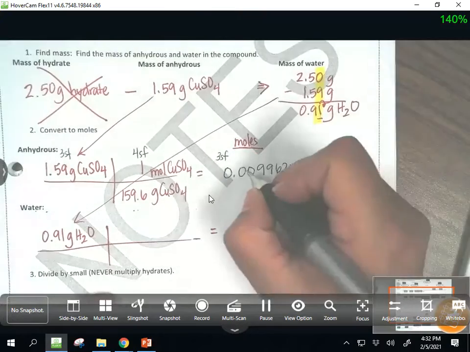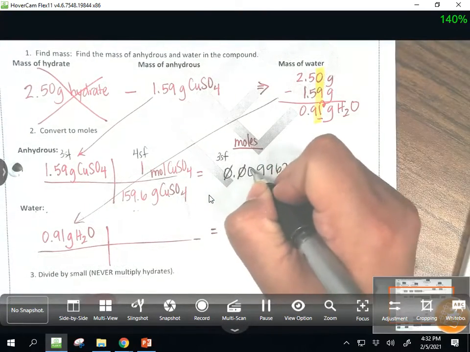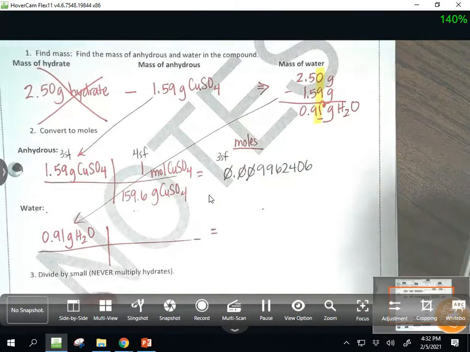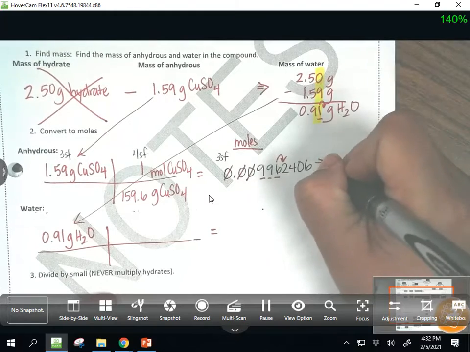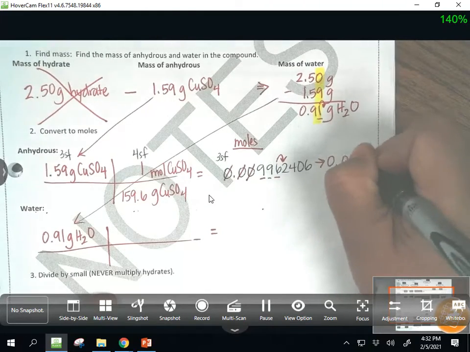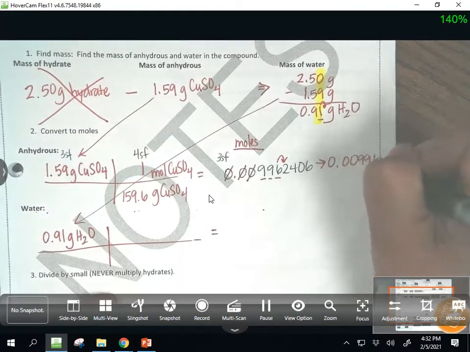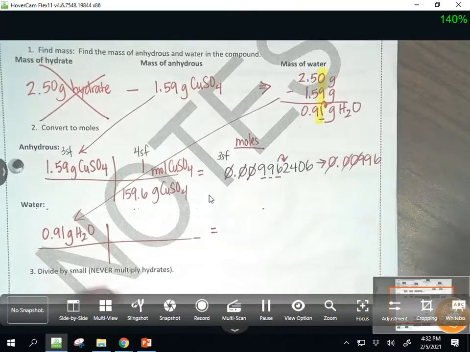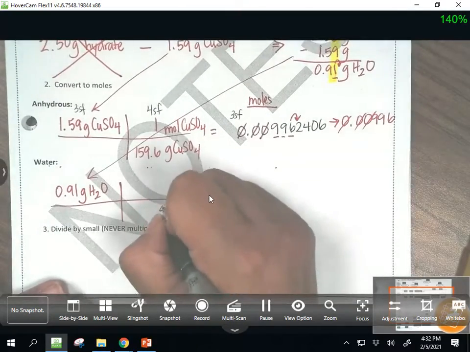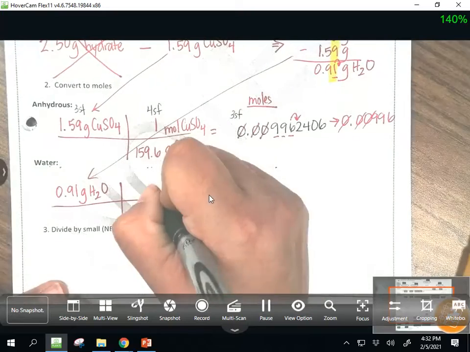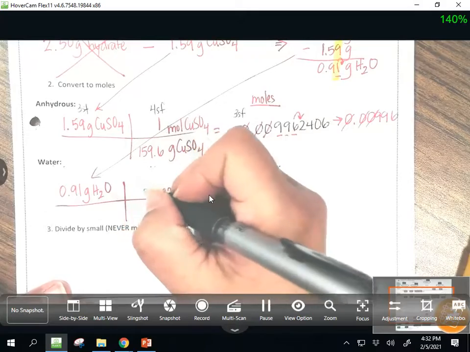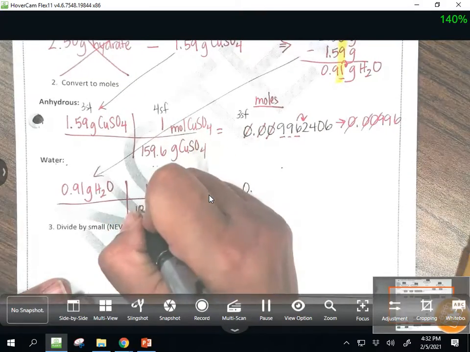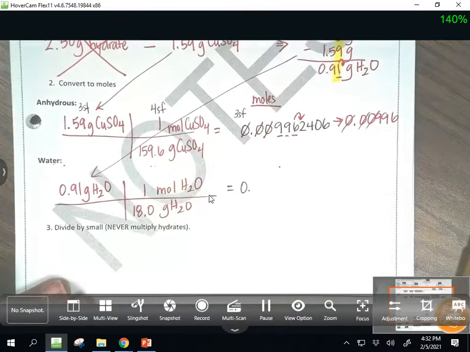Now, be careful because I can only have 3 sig figs. Those leading zeros don't count, so I can't count till here. So I have 0.00996, where these zeros don't count. Grams of H2O, mole of H2O. 1 goes with the mole. Molar mass of water is 18.0.